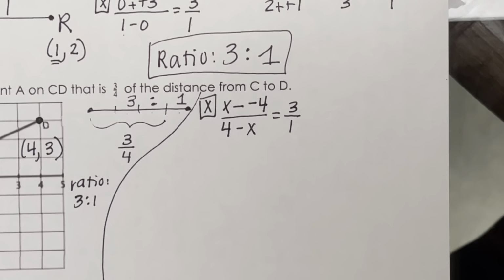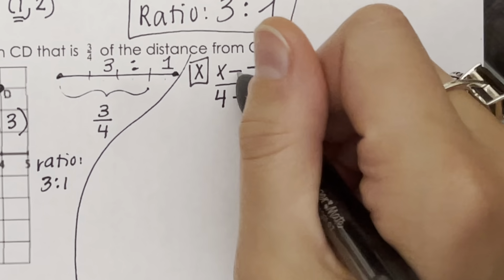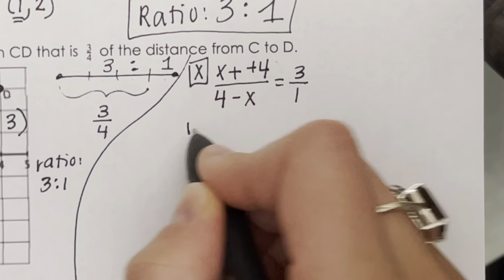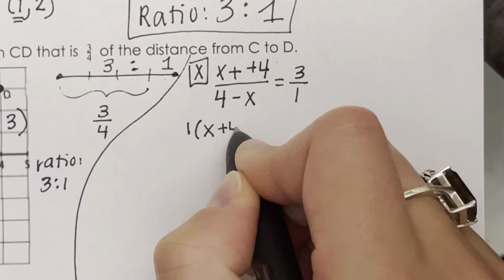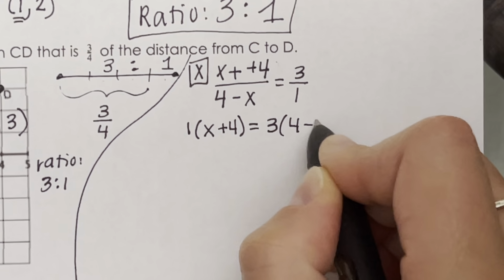Just like the other problems, I am now going to do some cross multiplication. x minus -4 is x plus 4. Cross multiply, I've got 1 times x plus 4 equals 3 times 4 minus x.